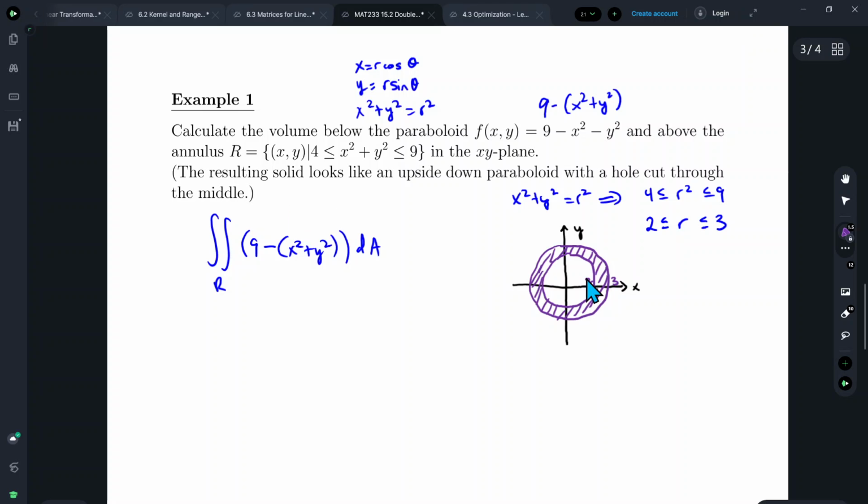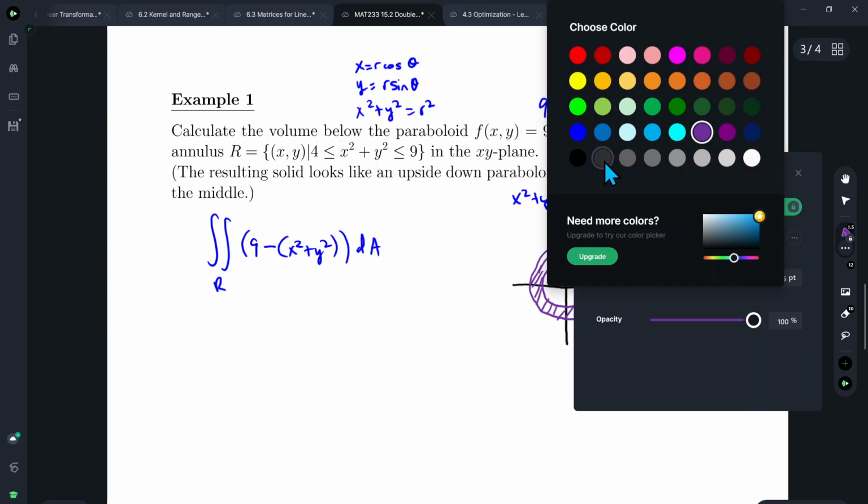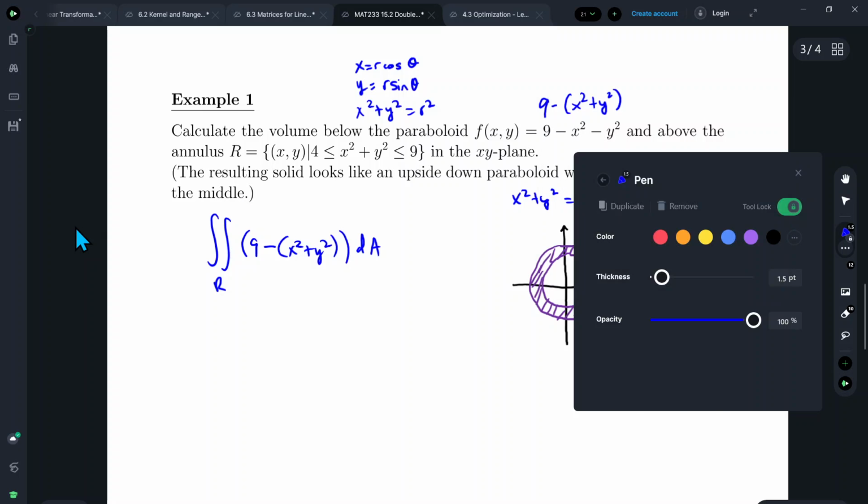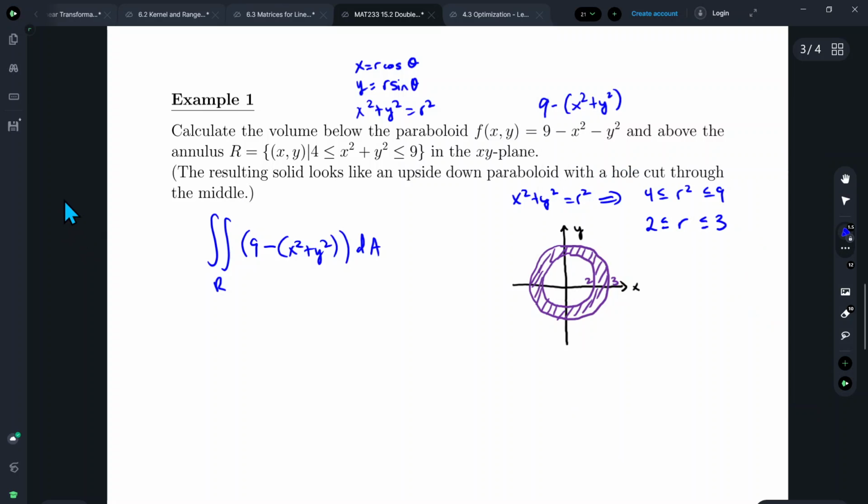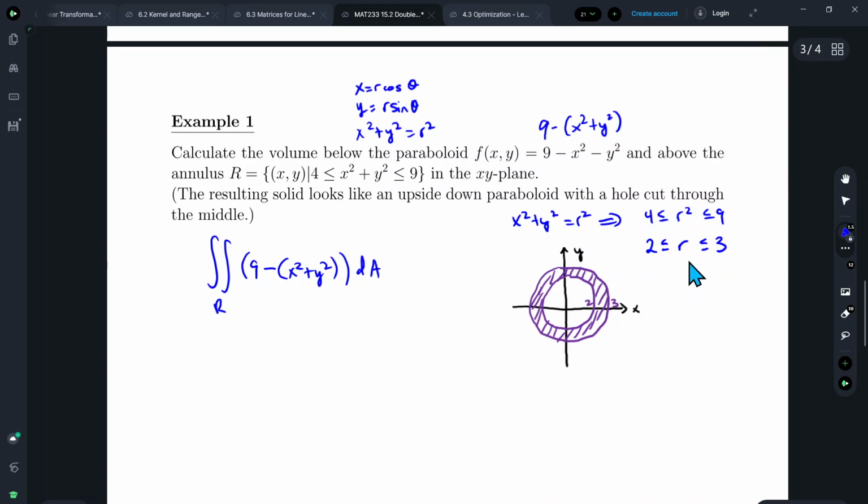So we want to set up our integral. Again, we already know that r goes between 2 and 3, and this is the whole annulus. So the angle theta should go between 0 and 2 pi.